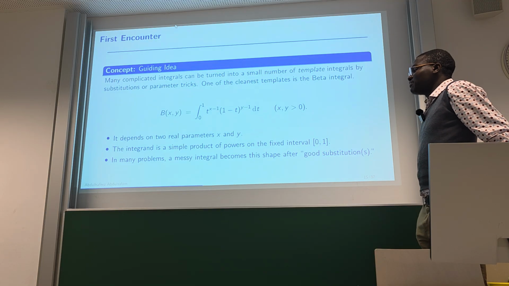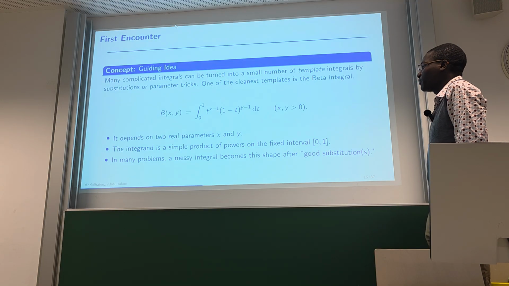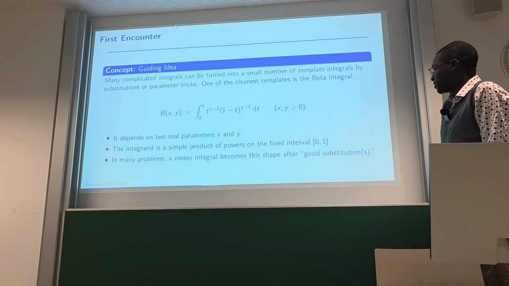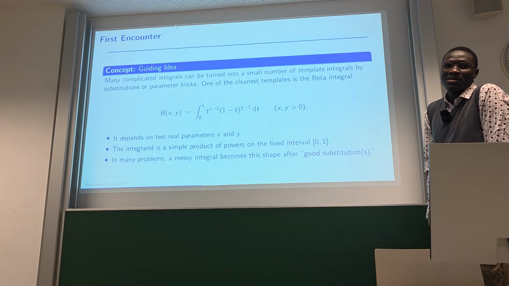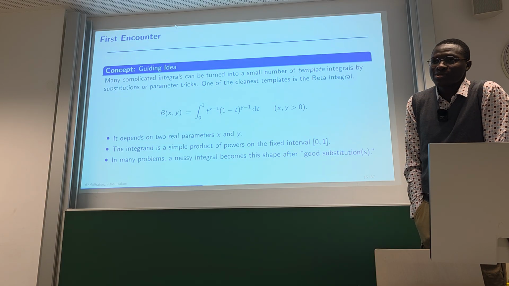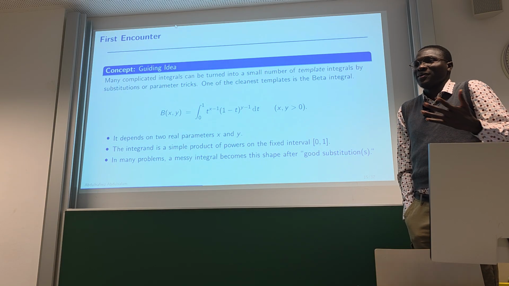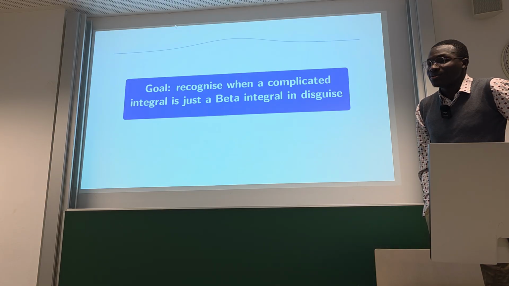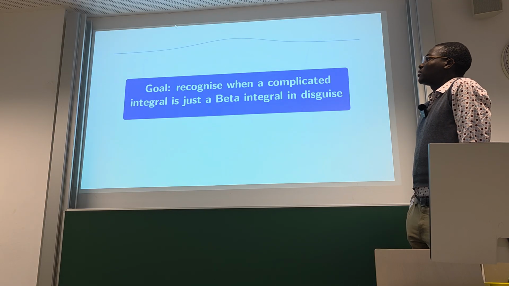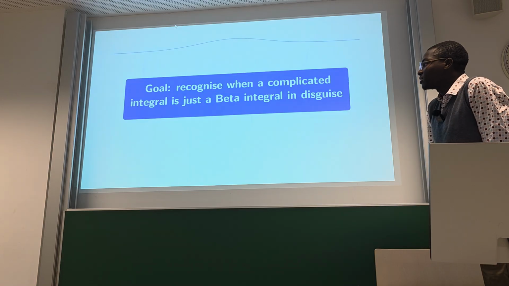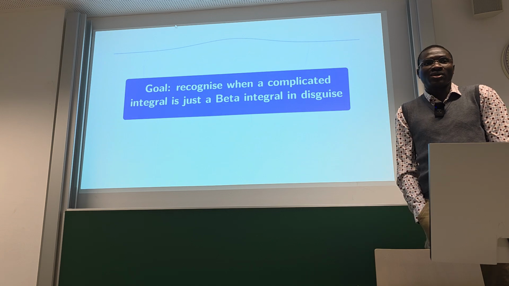And three, in many problems, a messy integral becomes this shape after what I put in quotes, good substitutions, depending on what you mean by that. It could be a nice substitution, it could be a terrible one, but good substitutions. So the goal of this talk is to recognize when a complicated integral is just a beta integral in disguise.